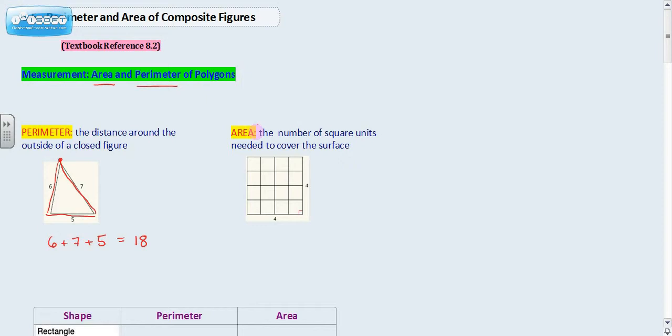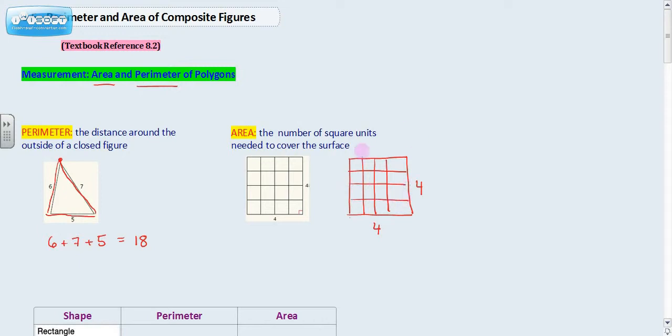Now, the area, on the other hand, is the number of square units needed to cover the surface of that polygon. If I start off with a square, I need to divide up the square based on its units. If I have a 4 by 4 square, that means there are 4 units going along one way and 4 units going along the other way.